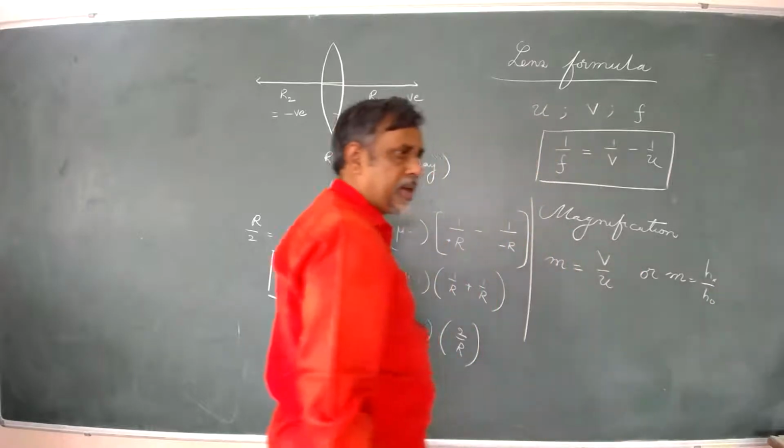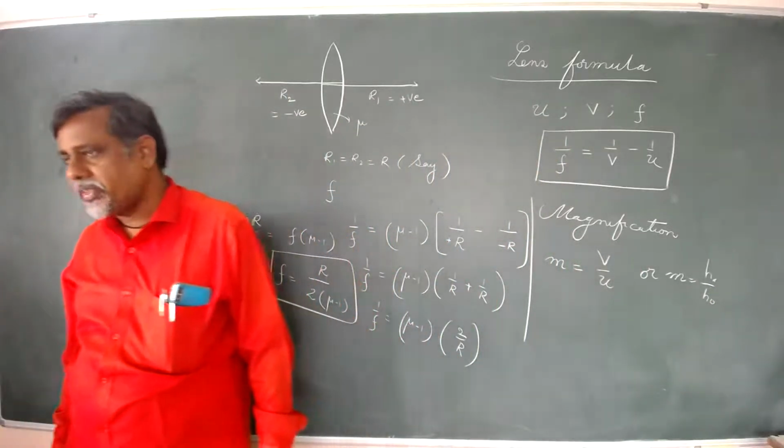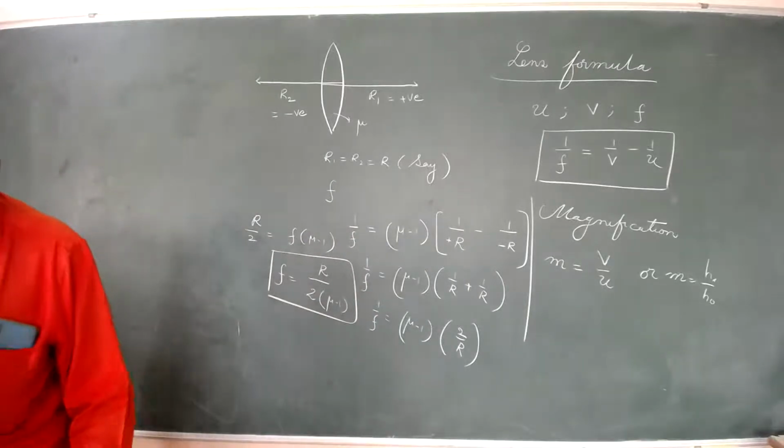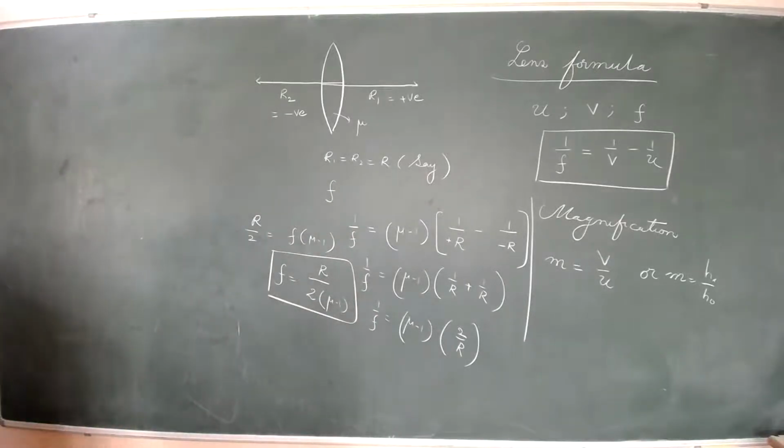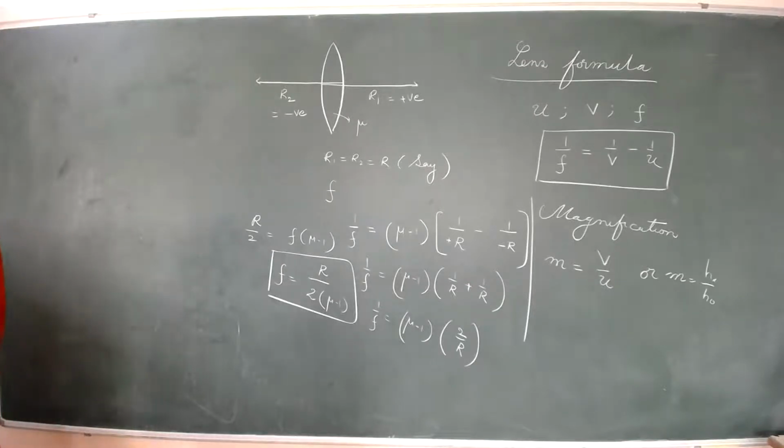In the case of a mirror, the magnification is minus v by u, whereas in the case of a lens, magnification is equal to plus v by u. Got it? So these are the formulae.